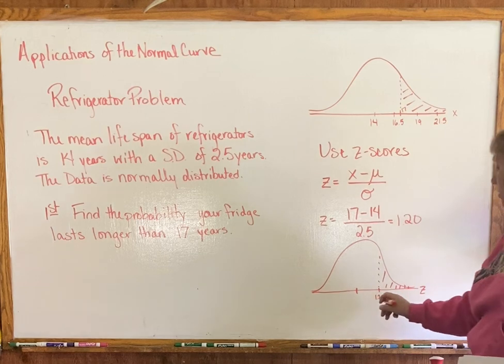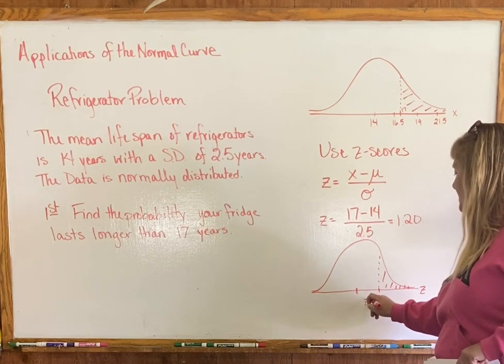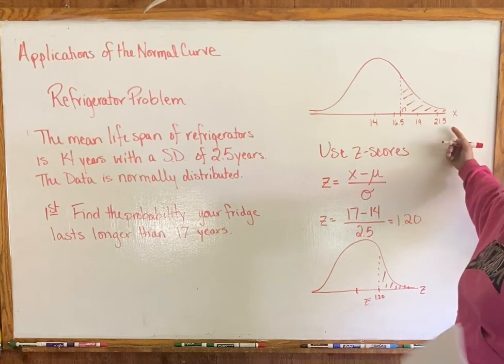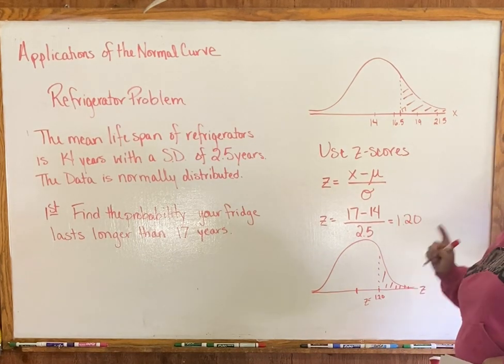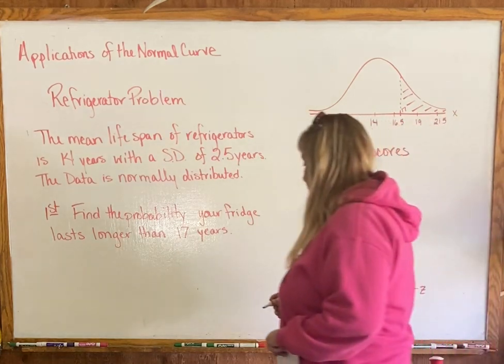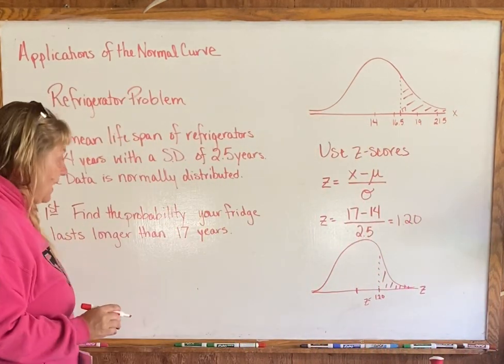It's just that now this is a z-score rather than a real world number. From here, we need to find that area, and that's where we go back to our calculator. So hopefully you have been practicing with that.